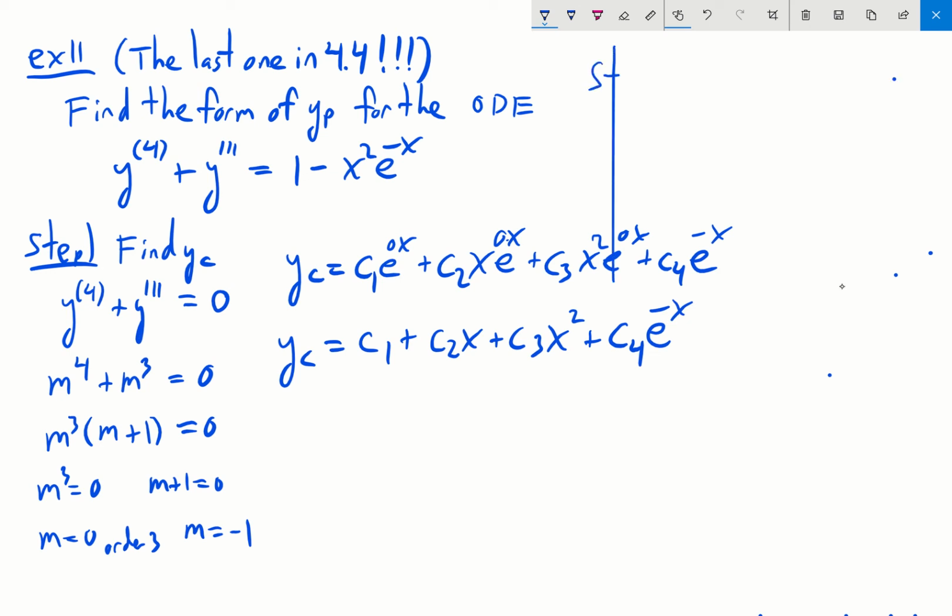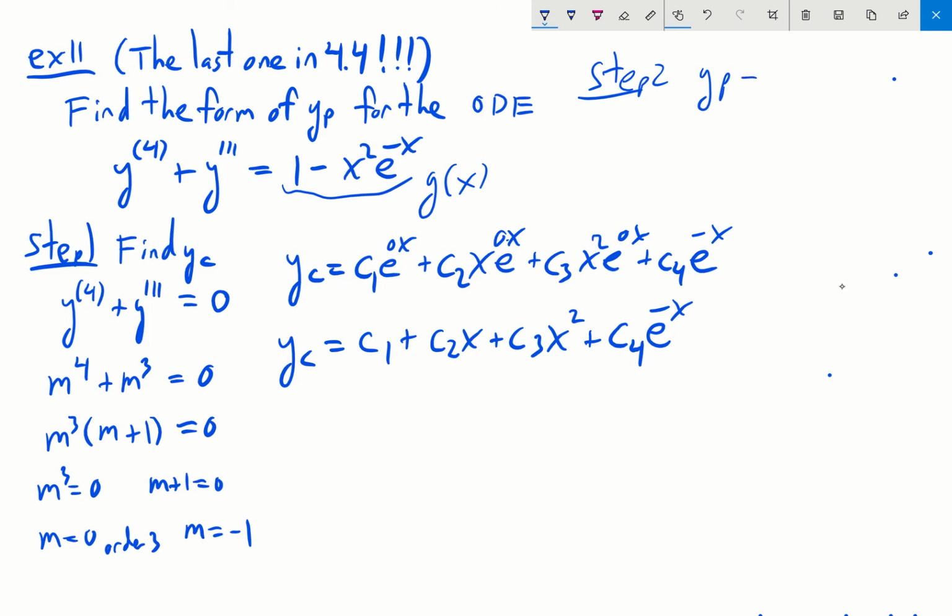Now if we were going to solve it all the way out, we would turn our attention to finding our y sub p. So we now look at the right hand side of this ODE, our function g of x. Some of the highlights include what looks like a constant function.